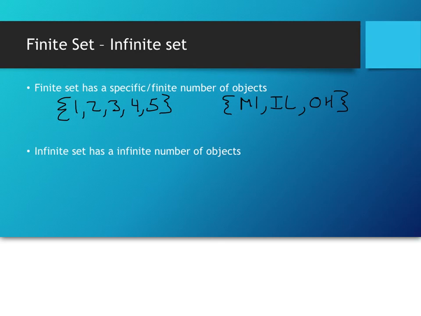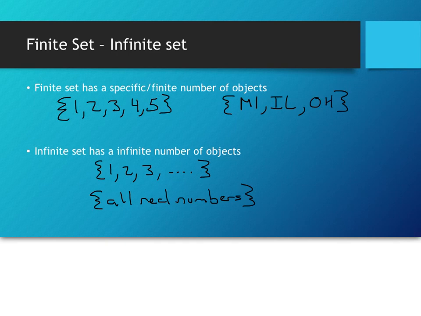Now there are infinite sets of things. Like if I said take all of the counting numbers: 1, 2, 3, and then I go on forever. Okay? Or if I take all real numbers. Those are infinite too.